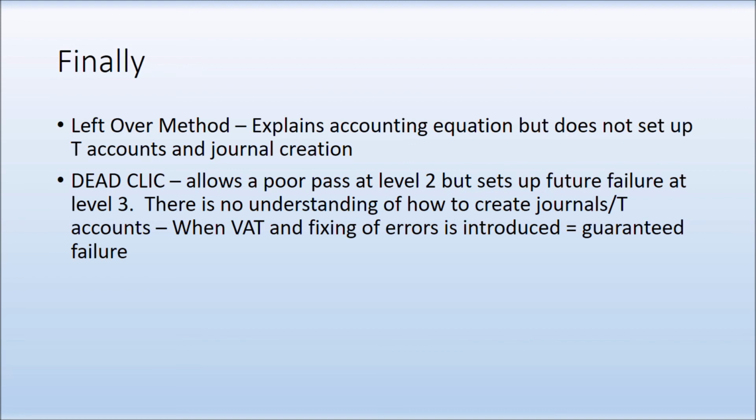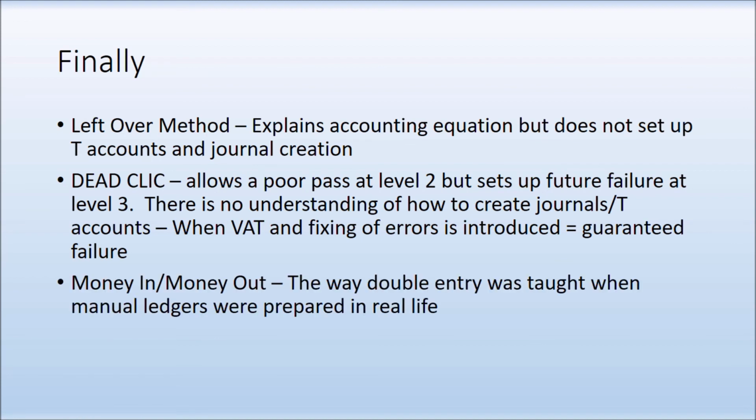The hope is that it might just click between level 2 and level 3. Actually, people just get swamped in level 3 in advanced bookkeeping and get completely lost. As soon as we introduce VAT and fixing of errors, the examiner is really testing whether you passed using DEAD CLIC.